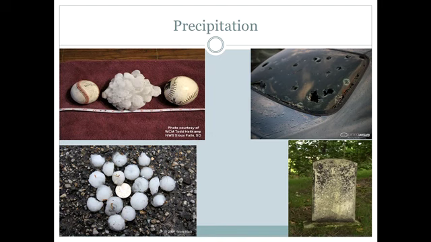Then you can see what type of damage hail can do. That's a car's windshield that has been busted out due to the hailstones. It will also dent a car's body frame, depending on the size of the hailstone and how fast it falls.